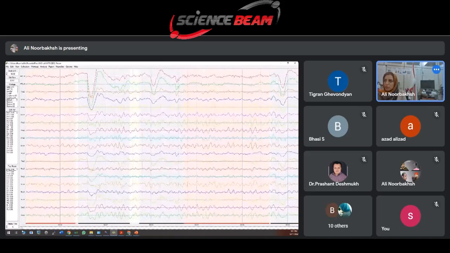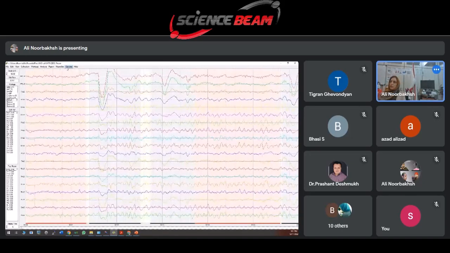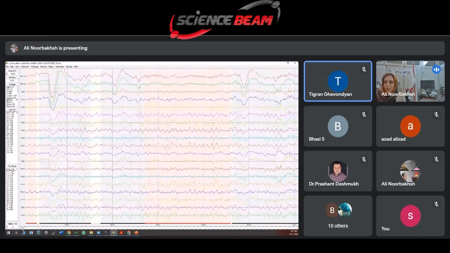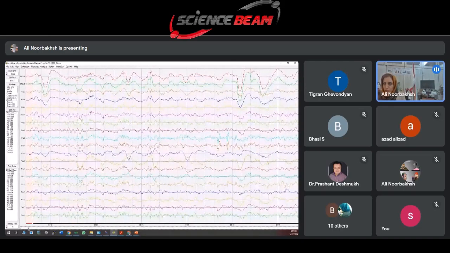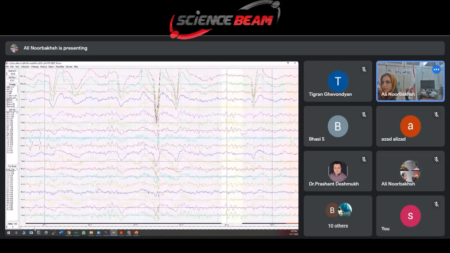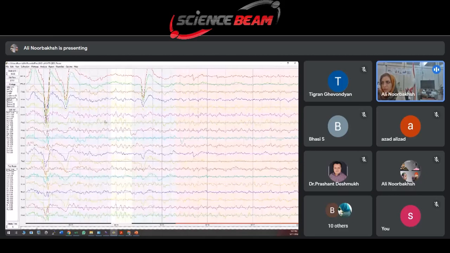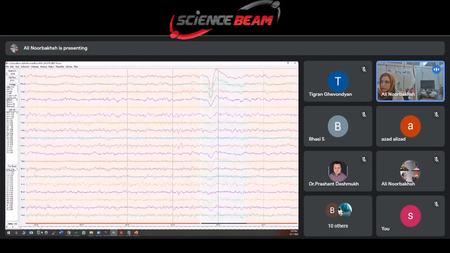Can you see the color of the signal? Can you see the colors? Yes, yes. Pink means a good signal. Blue is not good. And white is also possible. If you want, you can select the white colors. But pink is a good signal.